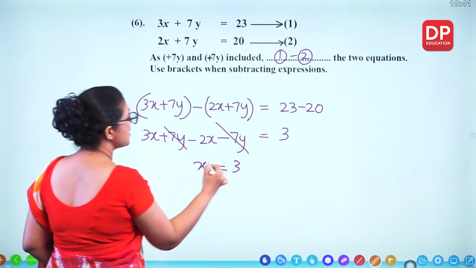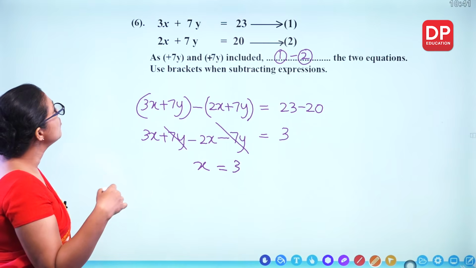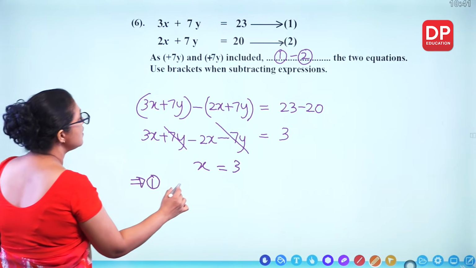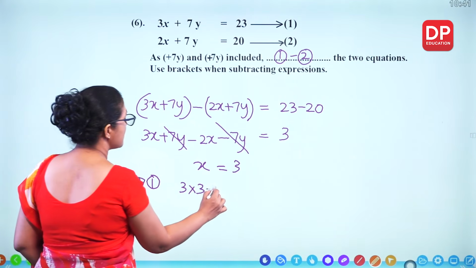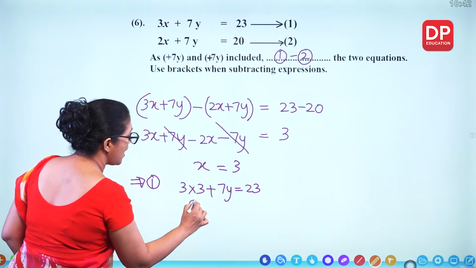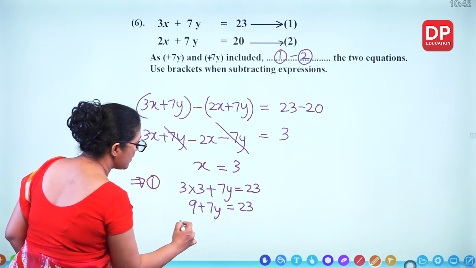x equals 3. So what you do now, after you get one value, you take one of the equations and substitute. I'll take the first one. 3 times 3 plus 7y equals 23. 9 plus 7y is 23, means subtract 9.